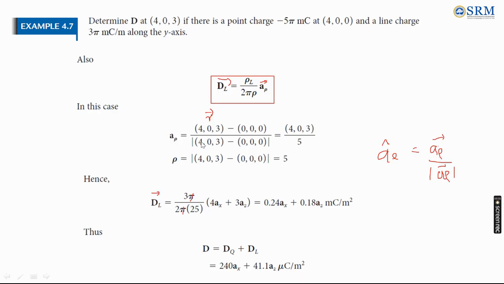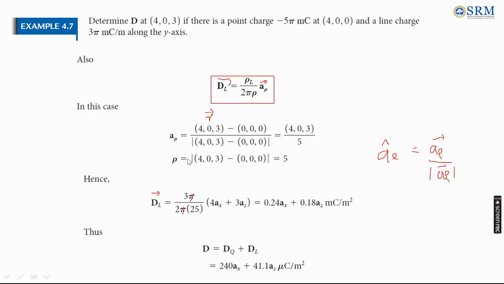So if you substitute, the arrow vector is the vector divided by the magnitude. Root of 4 square plus 3 square is 16 plus 9, root of 25, which is 5.